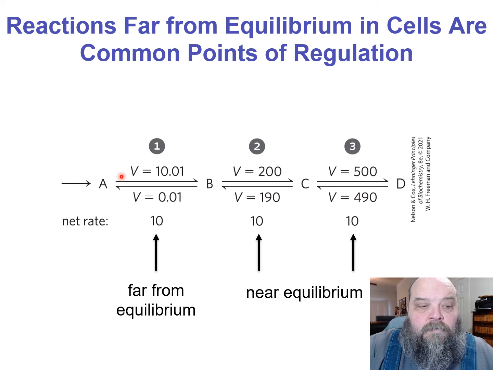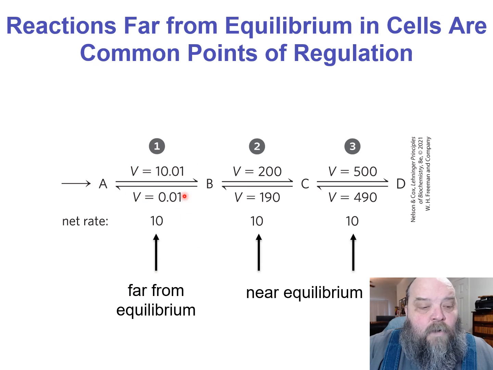V going from A to B is 10. V going from B to A, 0.01 is its rate. Wow. That's quite a big difference. Whereas you look at these others, 200, 190, 500, 490, these are quite close. This, not so much.